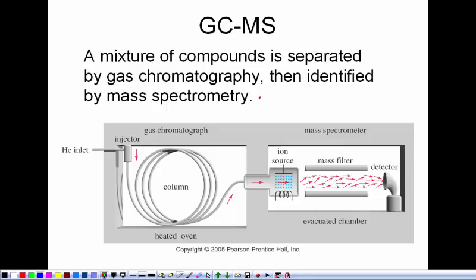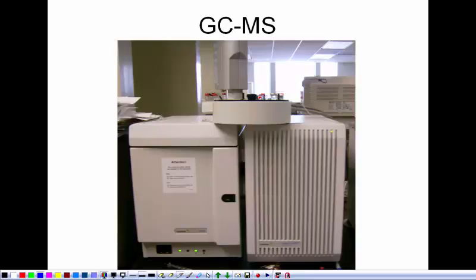But we have 2 of these instruments, 2 GCMSs. One's not working right now. If you walk by the instrument room, you'll see this one. This is the one that is working, and it's like a year-ish old. And it's basically one that the coroner's office has, that the drinking water plant has, and a lot of other places.